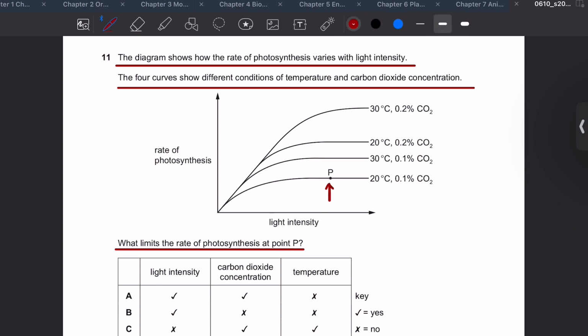It's actually talking about the limiting factor here. So you have to know the limiting factors of photosynthesis, and there are 3 limiting factors you guys should know. First one is light intensity, as written here.